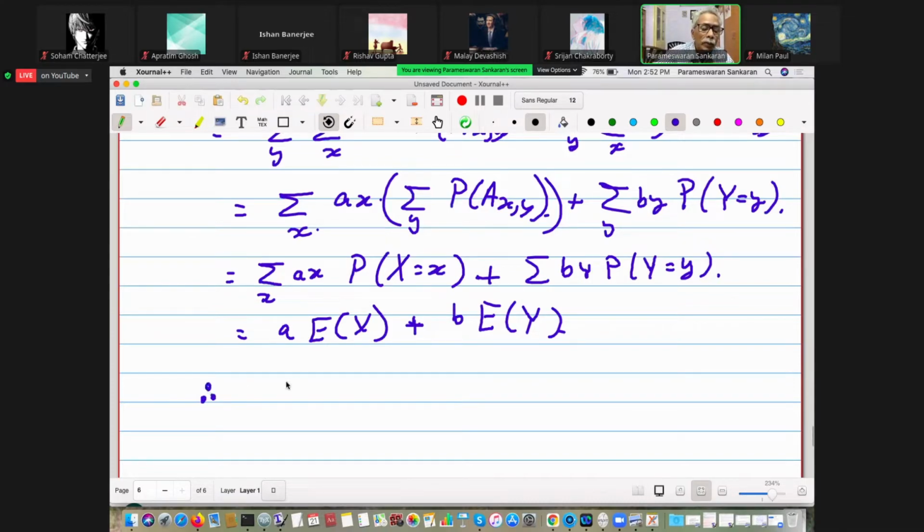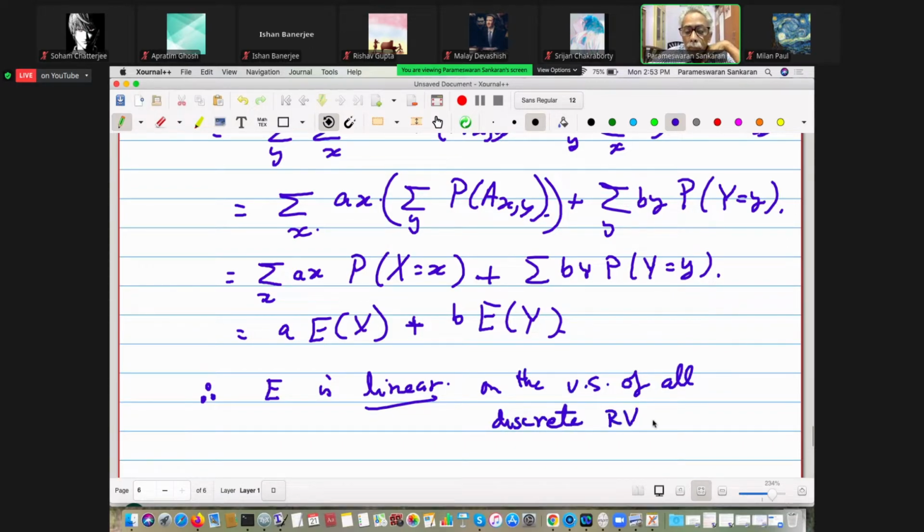Therefore, we can briefly say expectation is linear. Linear in what space? In the vector space of all random variables, discrete random variables at the moment, for which the expectations exist.